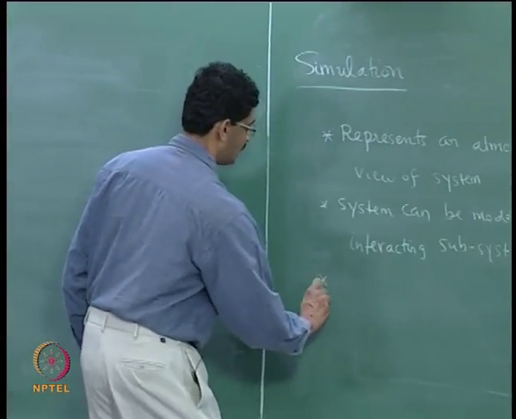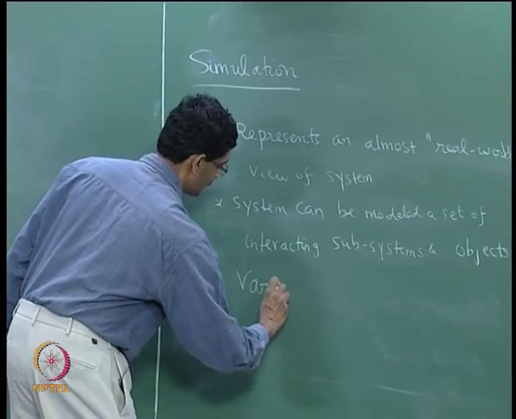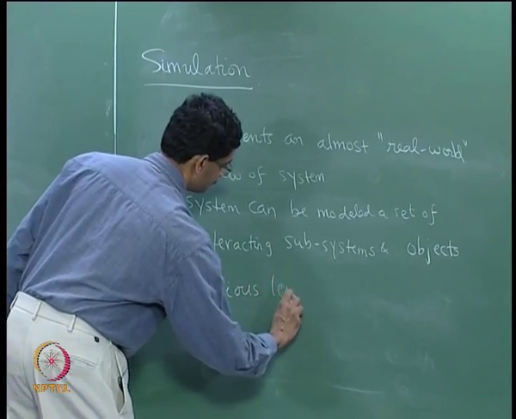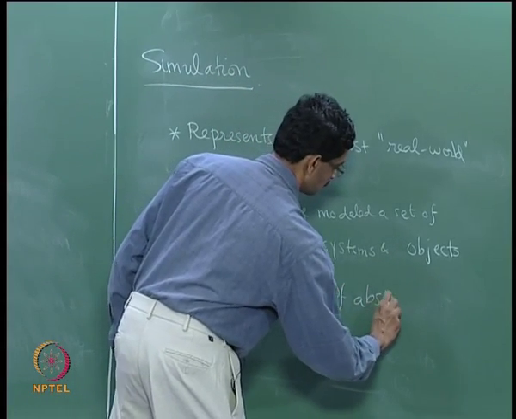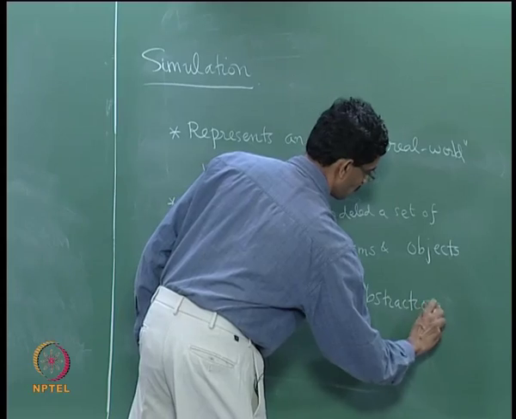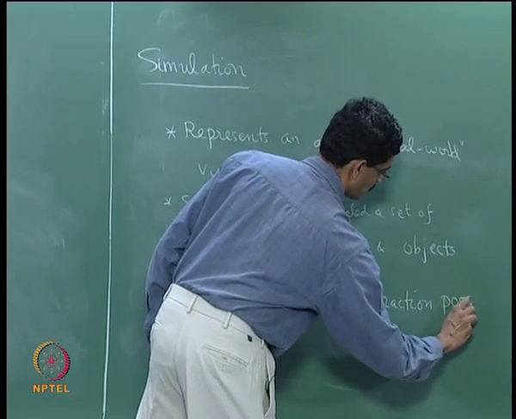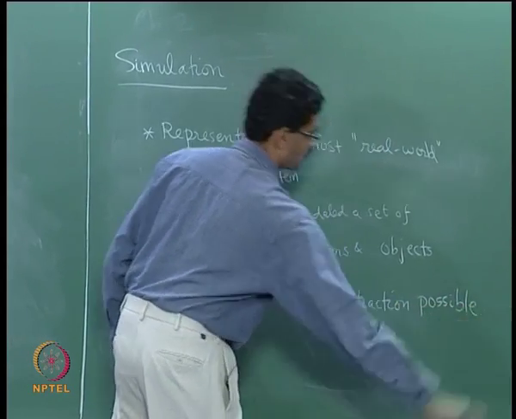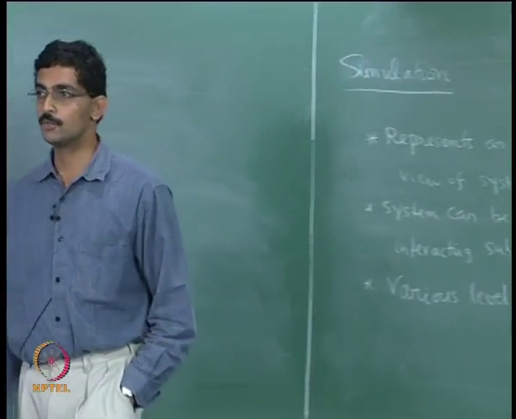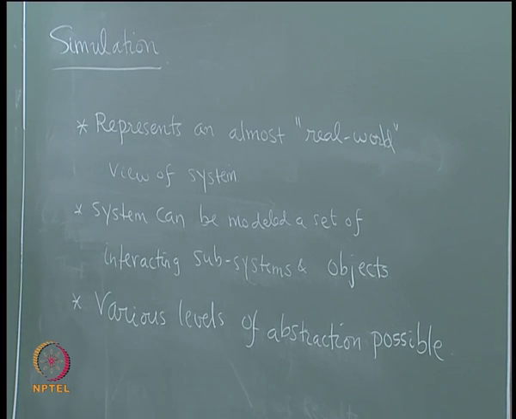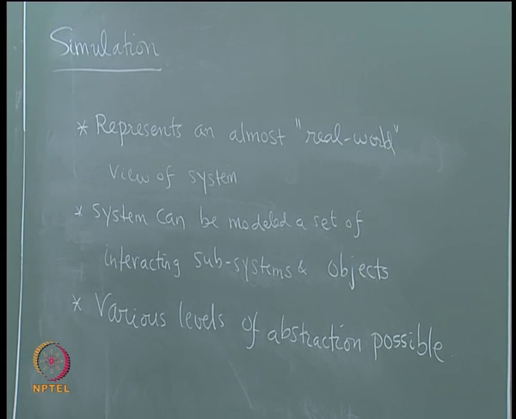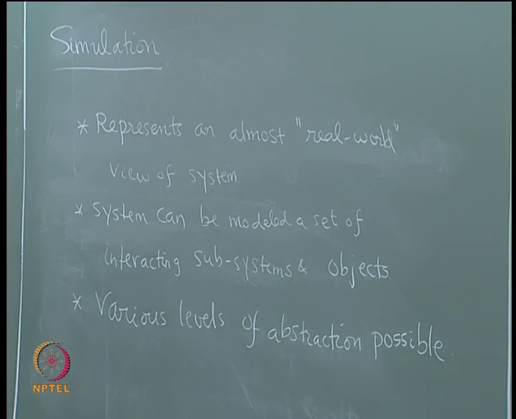And depending on where you want to draw the line, you have various levels of abstraction possible. You can make your system very detailed, or a little bit more detailed than analysis, but not very detailed. Okay.